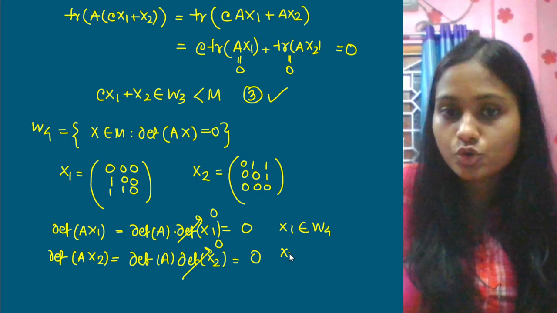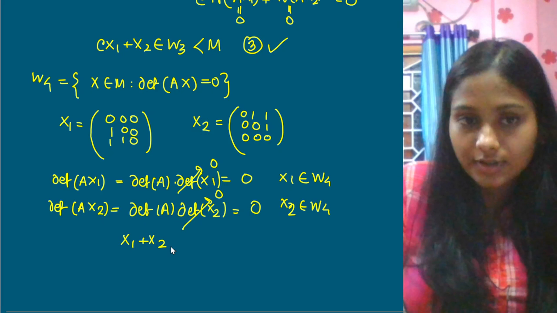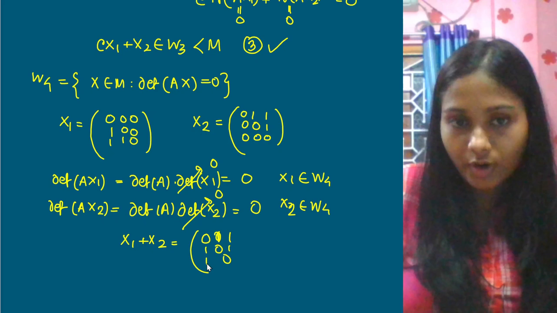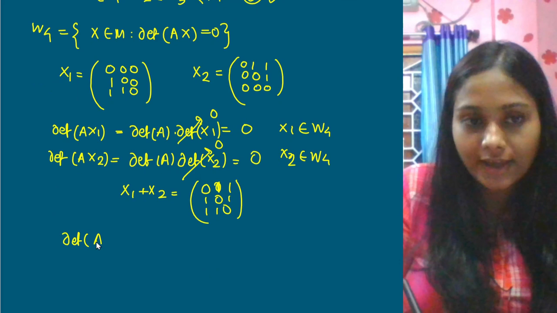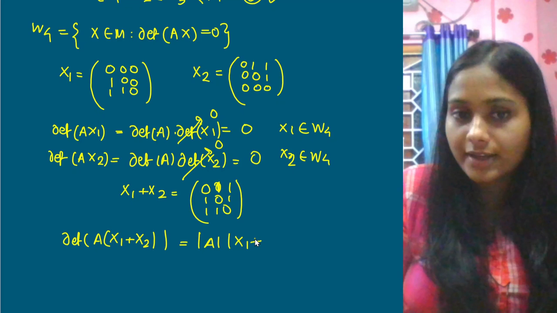But if we check x1 plus x2, that is 0, 1, 1, 1, 0, 1, 1, 1, 0. Okay. So, let us now check what is determinant of A into x1 plus x2. So this is determinant of A into determinant of x1 plus x2.